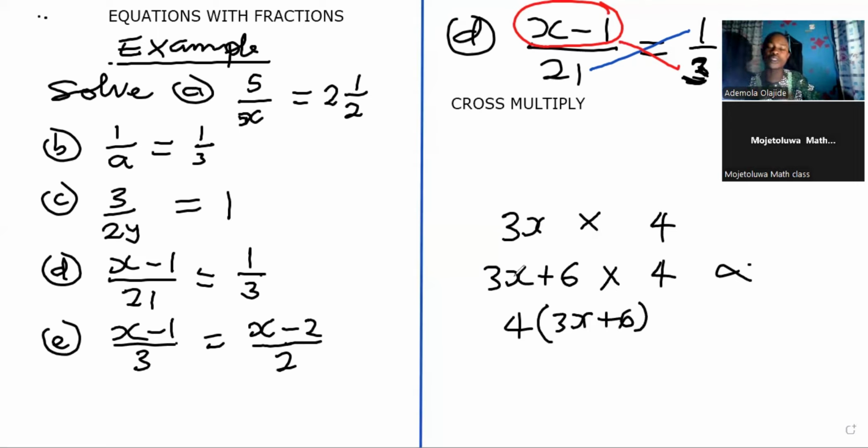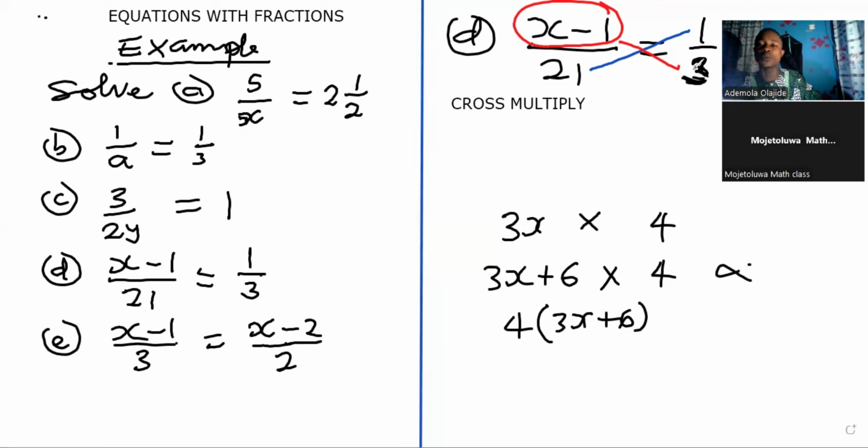Why? Because this is not a single term. 3x is one term, plus positive 6 is another term. Since you want to use 4 to multiply more than one term, we prefer to put parentheses, the brackets, to indicate that. So don't put times there. If you put times there, you are implying that this 4 is going to multiply just positive 6 alone and not 3x, and it's meant to multiply both of them. So the use of times in that case is not correct.